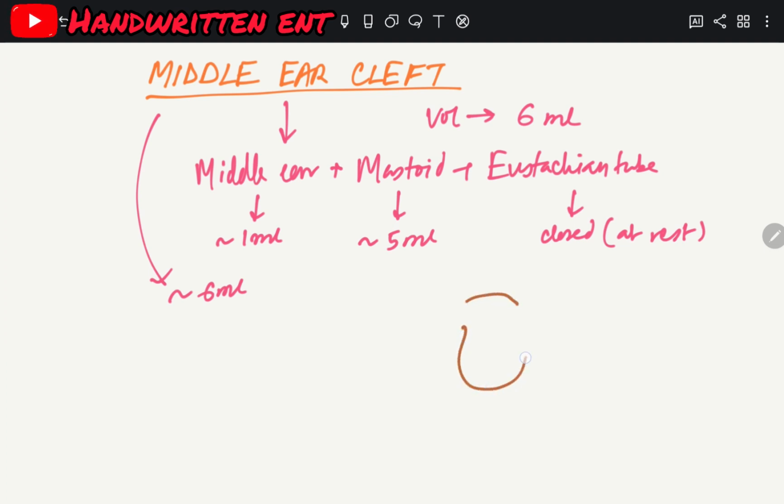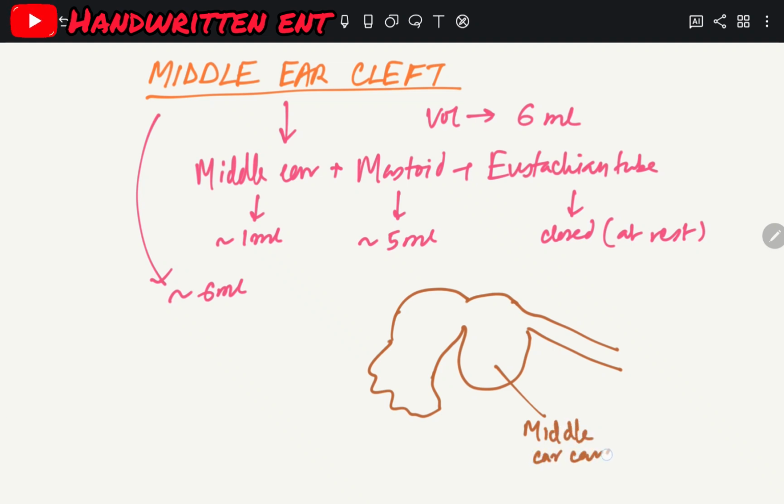Suppose this is our middle ear, this part is our eustachian tube, and this is the mastoid containing the mastoid air cells. So this is the middle ear cavity. This part is the eustachian tube, and this part is our mastoid.